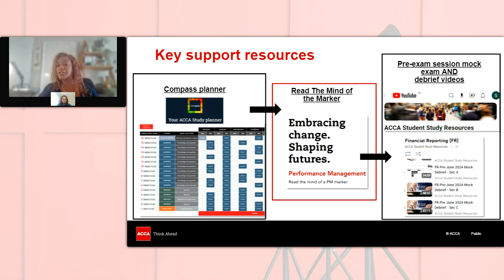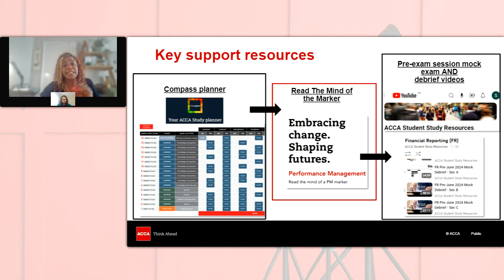So you don't have to struggle through and mark by yourself and try and figure out where you went wrong. Watch the debrief videos. It's going to walk you through the questions in the mock, and in doing so, it'll help you to identify any weaknesses and really help you to hone in on areas where you need further practice.